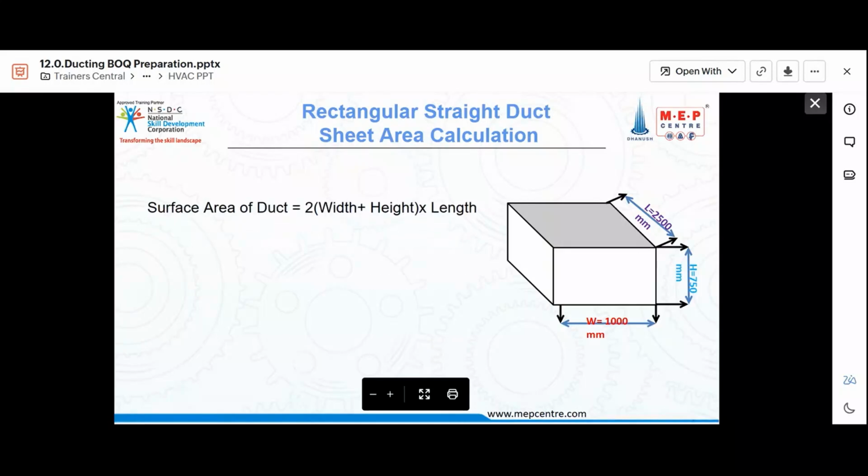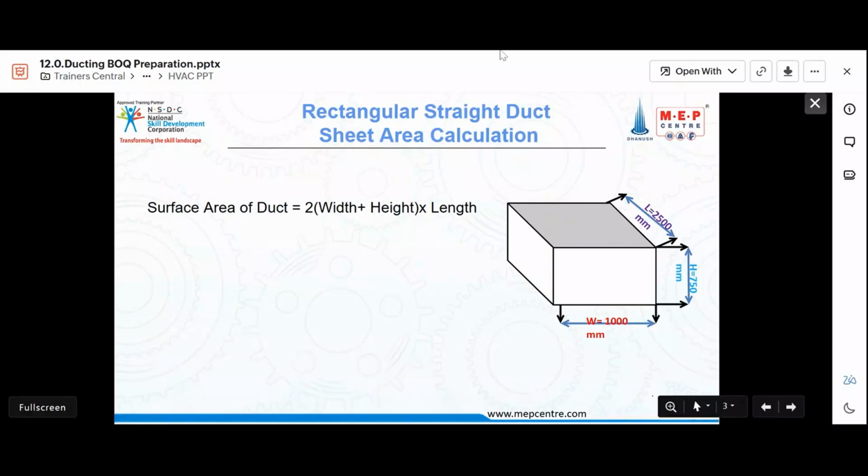The formula is 2 into (width plus height) into length, which is perimeter into length. 2 width plus 2 height into length gives you the surface area. Suppose we have 1000 mm width, 750 mm height and 2500 mm length. What is the surface area?